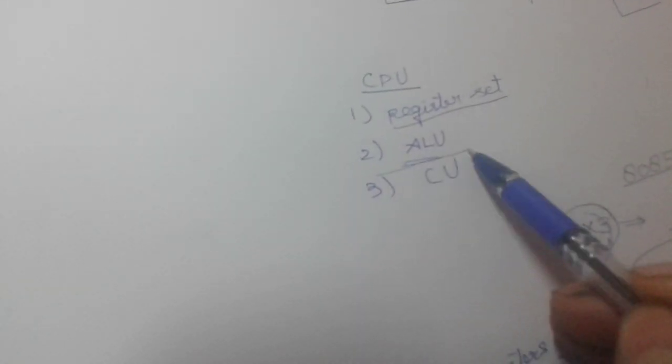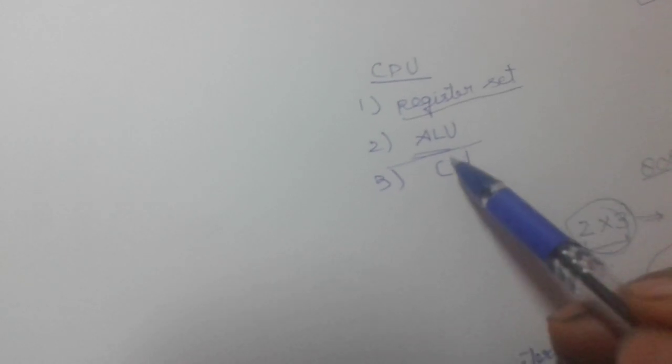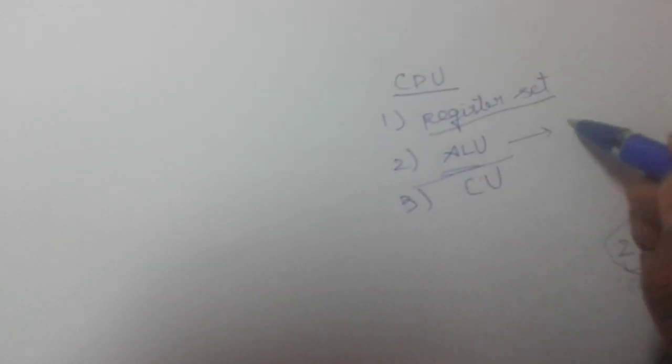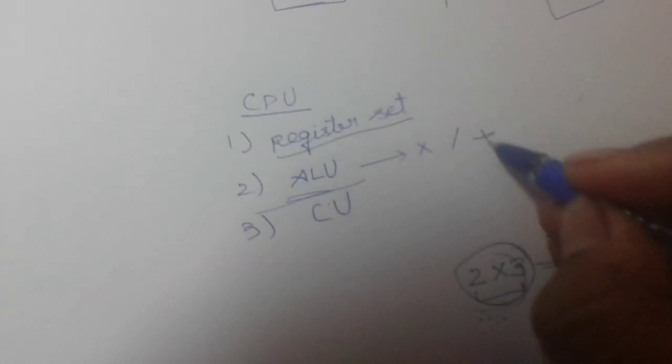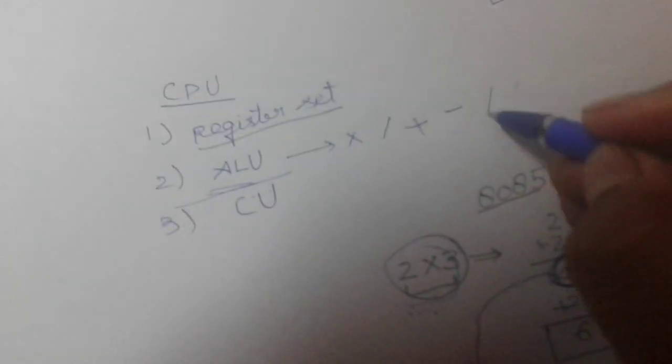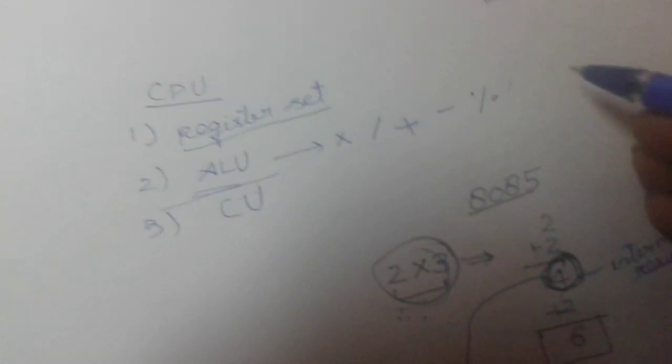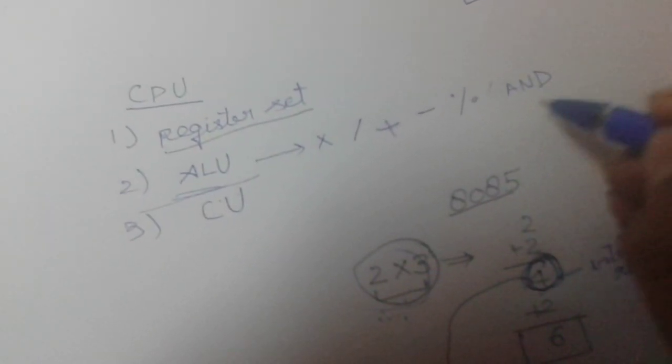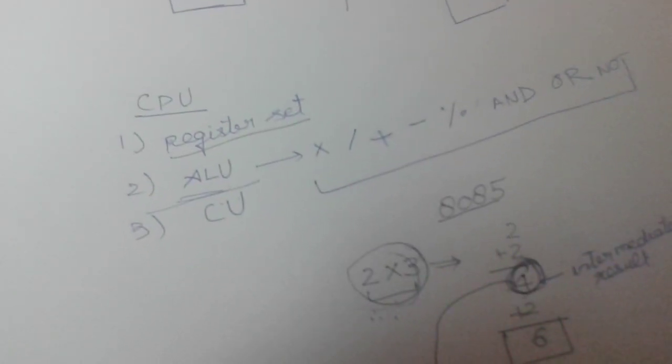So ALU basically has components which are capable of performing different operations like multiplication, division, addition, subtraction, modulo, remainder fetching, AND operation, OR operation, NOT operation. These arithmetic and logical operations and much more are performed by ALU.